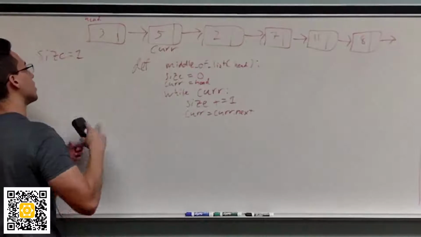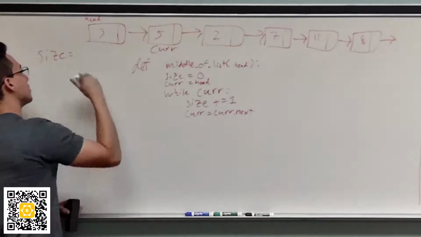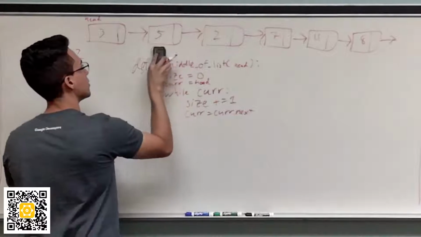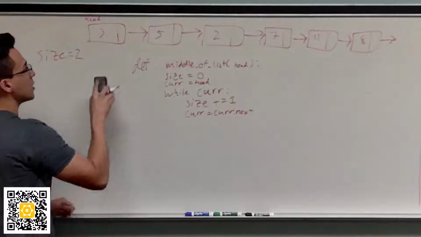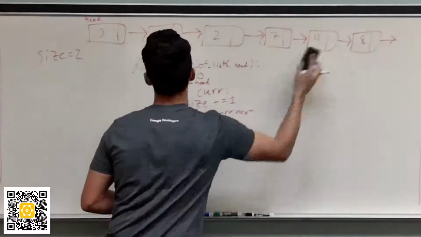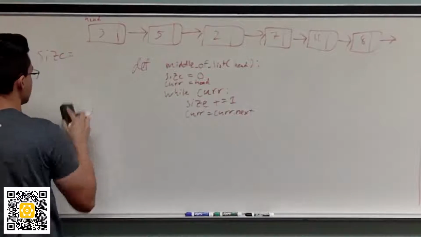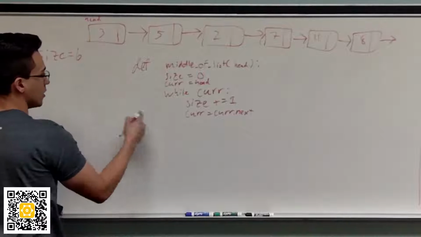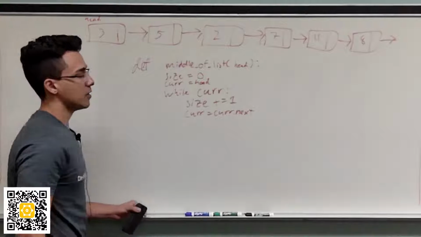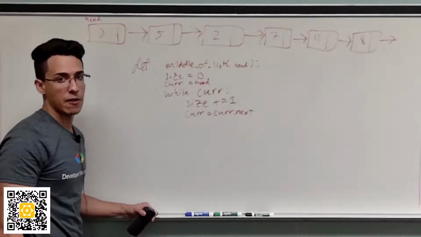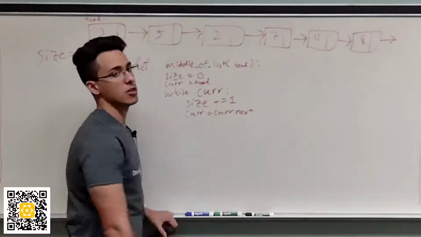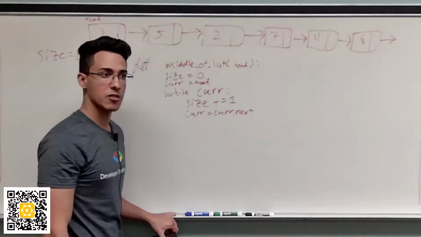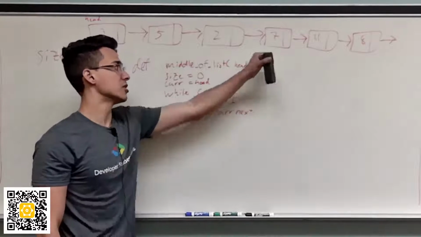And then we see that it's not null again, increase it, and so on. And then we get 1, 2, 3, 4, 5, 6. So we get 6, right? And the middle is going to be the halfway point. And I'm just going to arbitrarily say that it's going to be that node. It's an even size. I'm just going to say it's this.